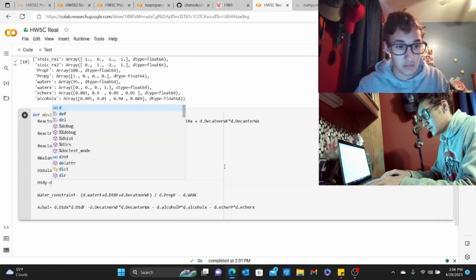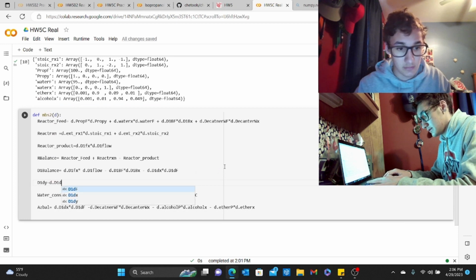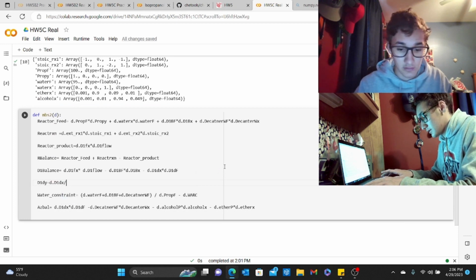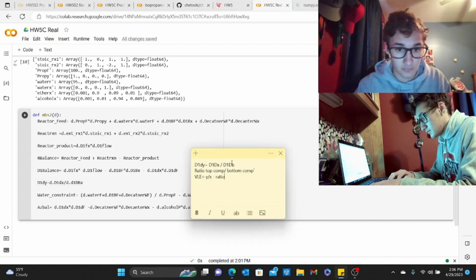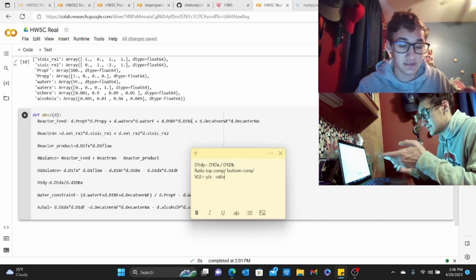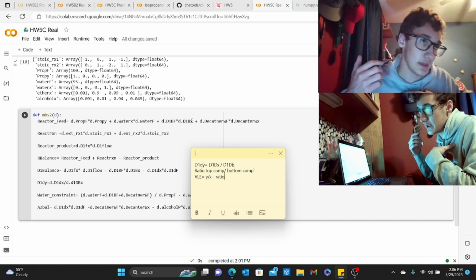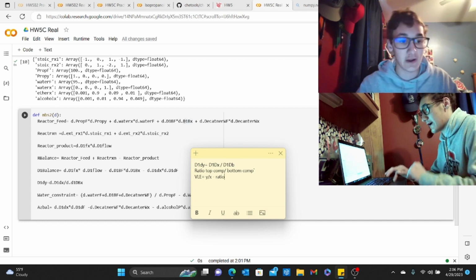So d dot D1 dx divided by d dot D1 dv. X, or I just call it X to designate that it is a concentration or a molar fraction amount.